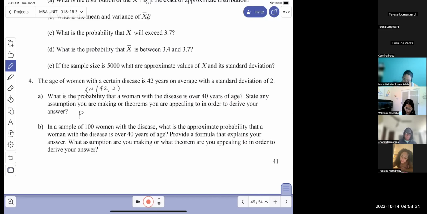So basically, you can't do this unless you know the distribution of X. We learned about a few different distributions. If you don't know the distribution, well, you can't do anything, right? So we'll assume it's normal.